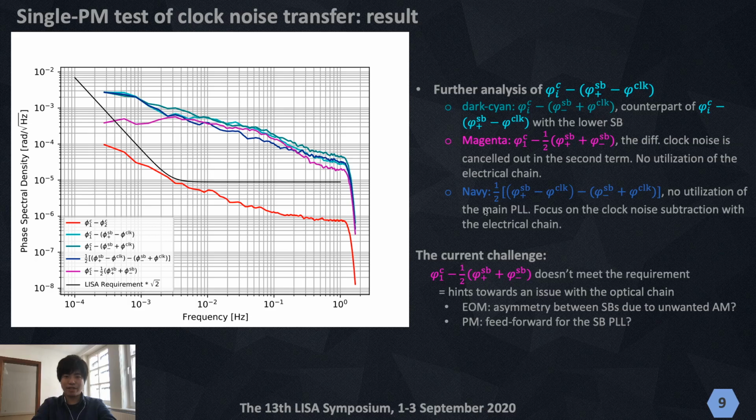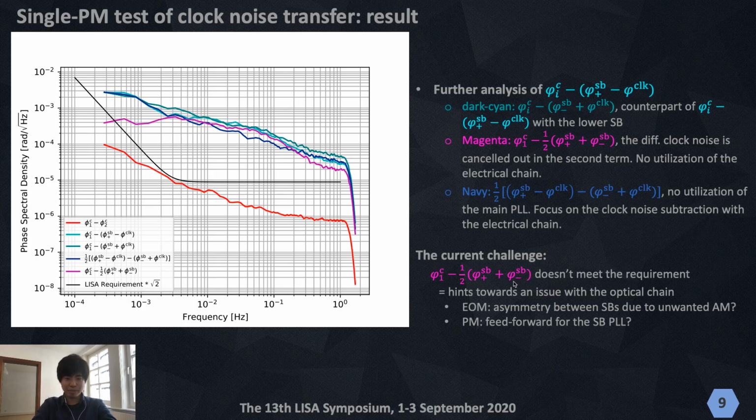On the other hand, the navy combination focuses more on the electrical chain, which can act as a diagnosis of clock noise subtraction.